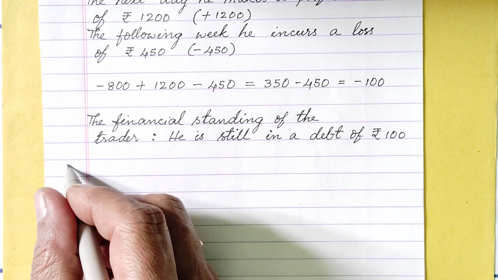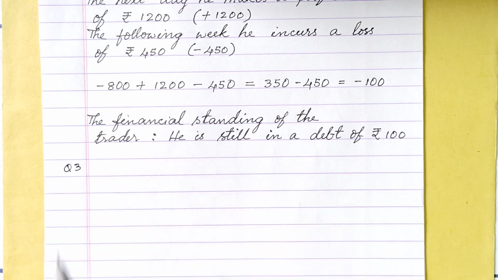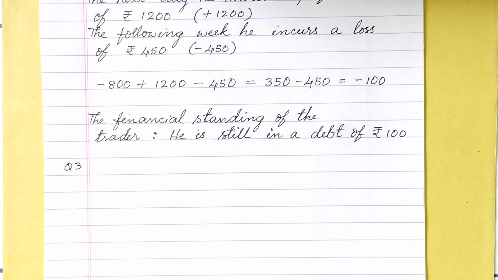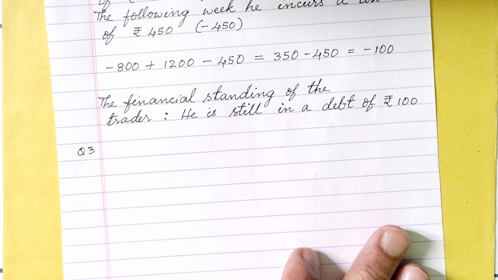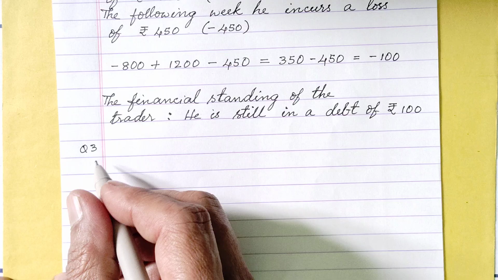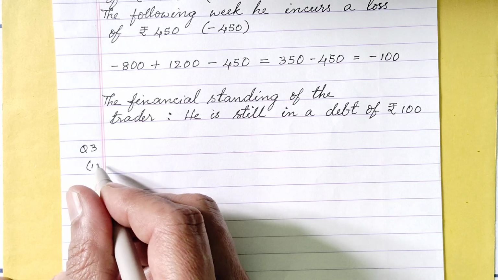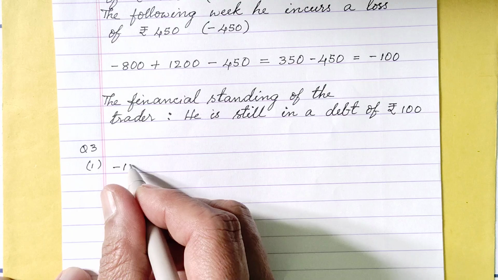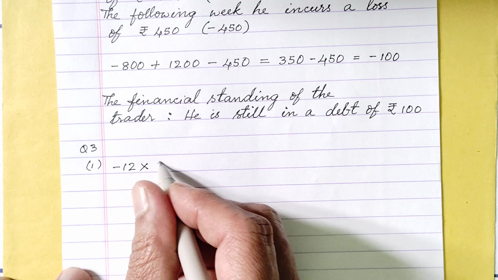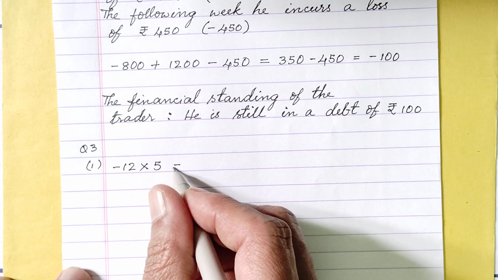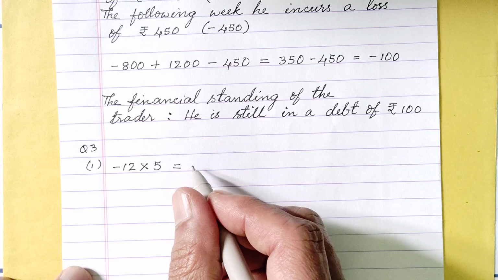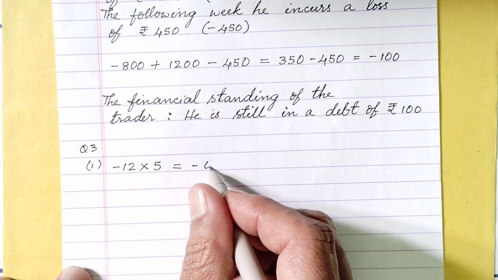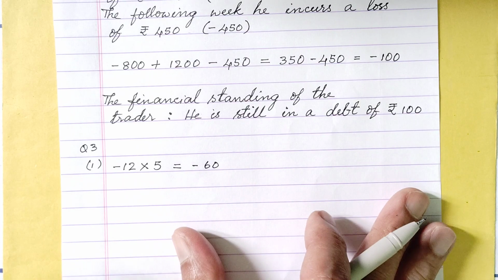So question 3. The first part, minus 12 into 5. Minus 12 into 5 is minus 60.